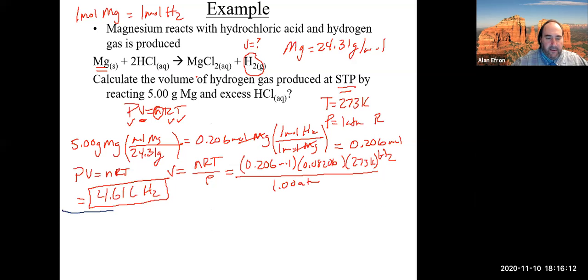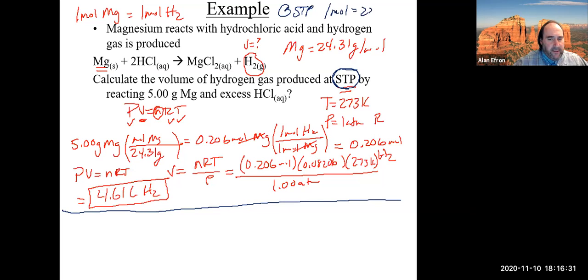Question on that particular one there. Now, some of you may have solved it a different way, and if you did, it would revolve around this being at STP. Because it is at STP, we could have used that 1 mole is 22.414 liters instead of using the ideal gas law, which means we could have picked up the calculation from the point where we had moles of H2 and simply used that conversion factor.